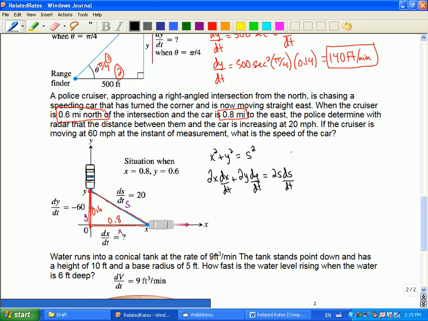And what I'm interested in is, what is the speed of the car? That's the speed of the car I'm interested in, right? I want to know how fast the car is going. So that's what I'm going to rearrange and solve for.